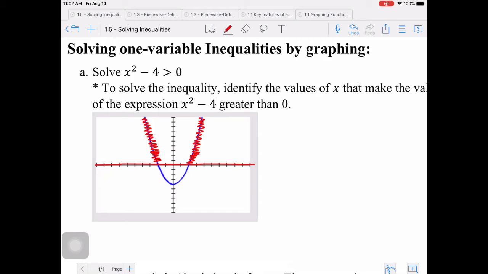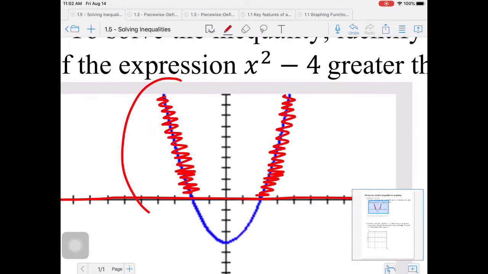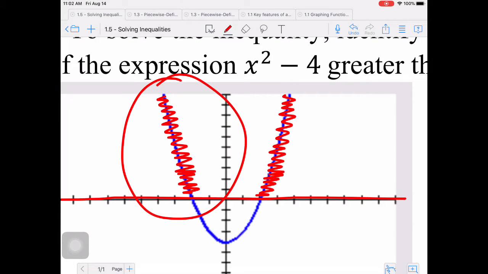And remember, to look for the domain, we have to go from left to right. The first thing I'm going to look at is this piece right here. So what is the left side of it? Well, there's no arrow, but that function is still continuous. It still goes forever and ever. So I'm going to say that from the left, it approaches negative infinity.